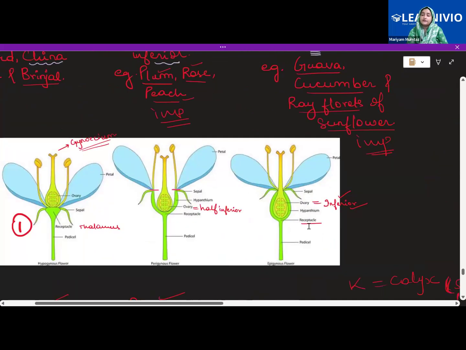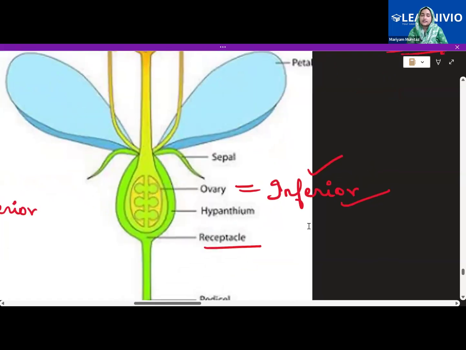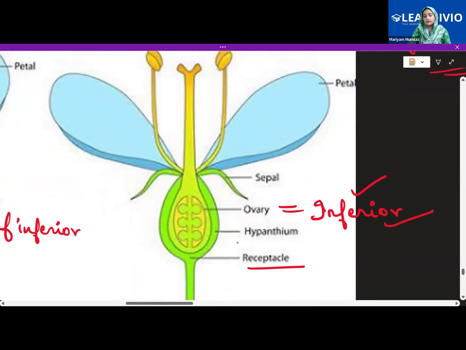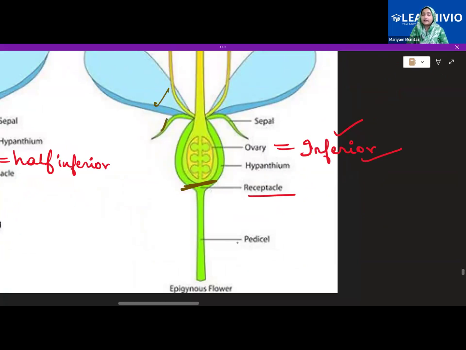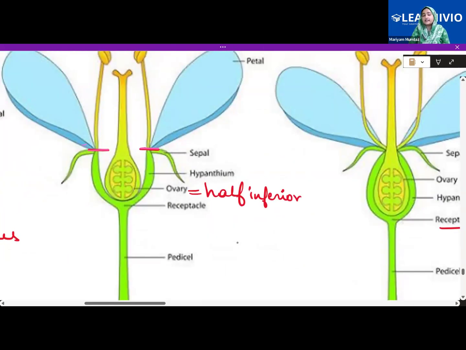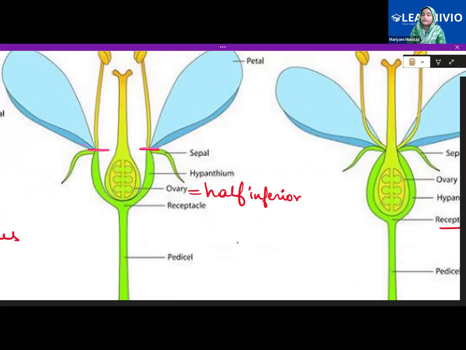Okay. So now you can visualize this in the picture. See how in the case of inferior ovary, the ovary is situated below and the sepal, petal and stamen are above it. That is why we call it the inferior ovary. And in the second case, everything is at the level of the ovary, so we call it half inferior.